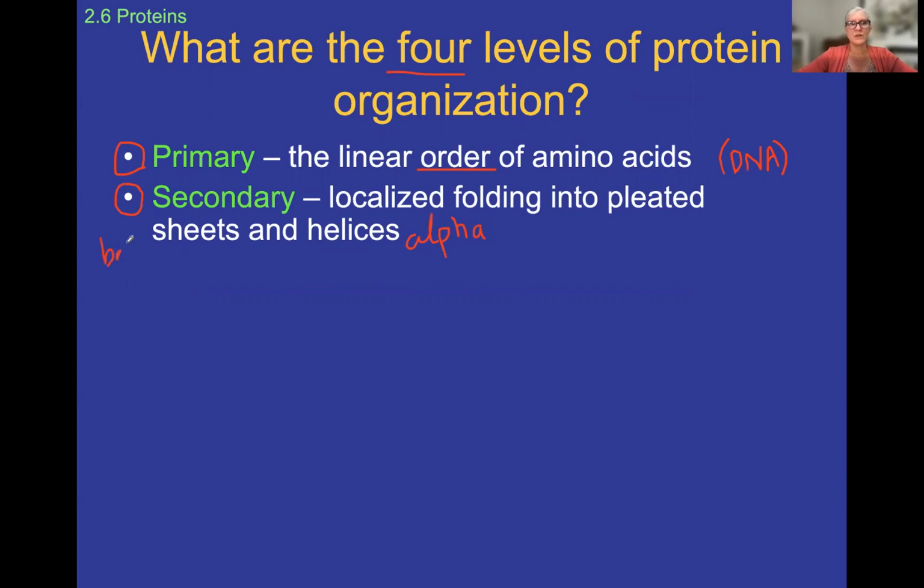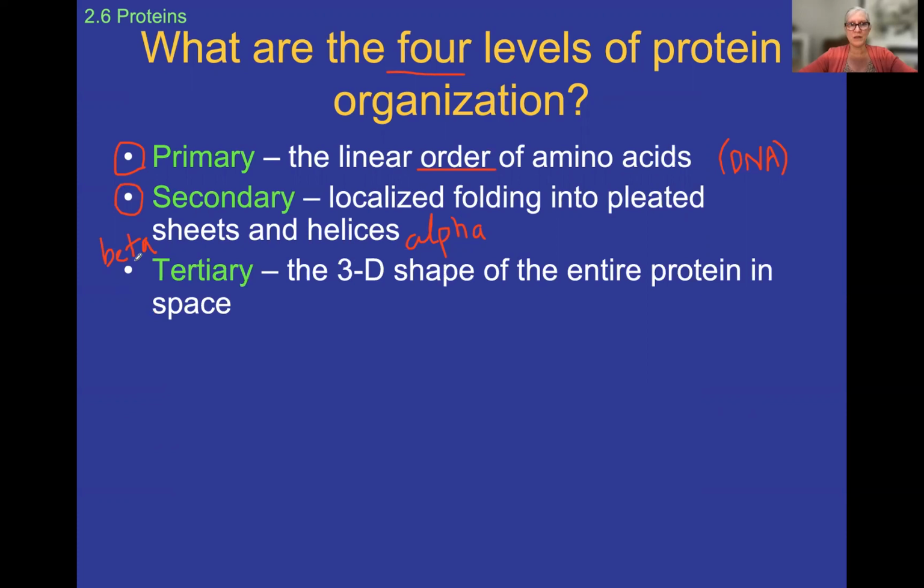So these 2 shape descriptions are the secondary level. You see twisting, you see up and down structures. Third level called tertiary. Tertiary level means now it begins to have a 3-dimensional shape, really as it interacts with water. So that's the singular protein by itself.